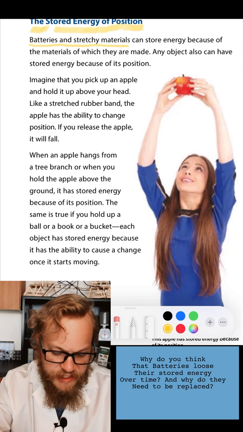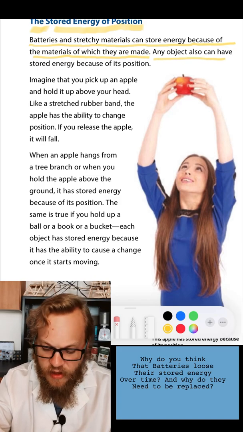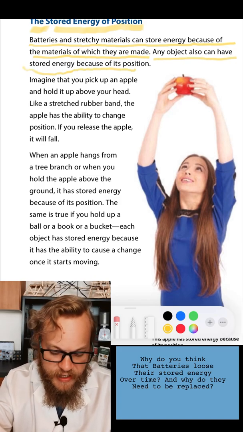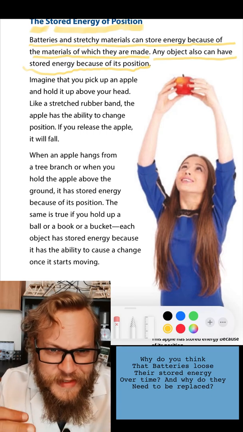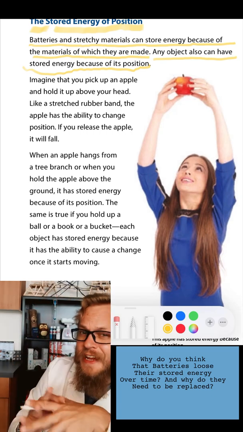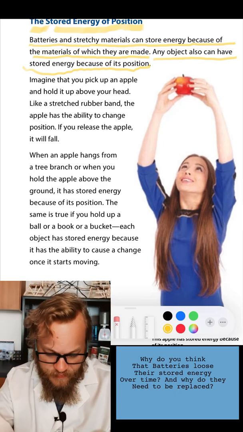Batteries and stretchy materials can store energy because of the materials of which they are made. Any object also can have stored energy because of its position. So some things can have potential or stored energy based off where they are, their position.